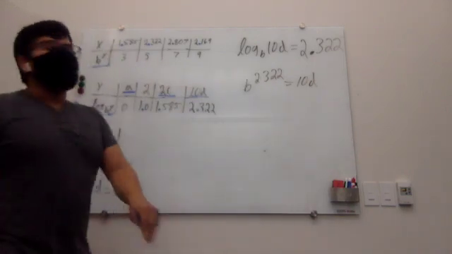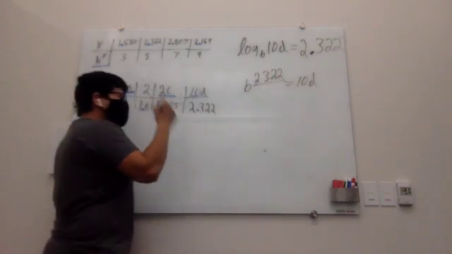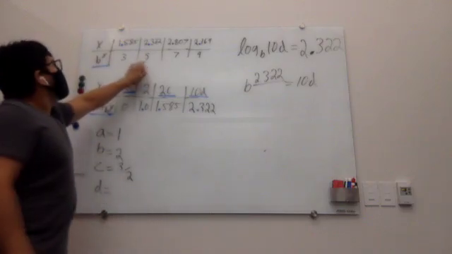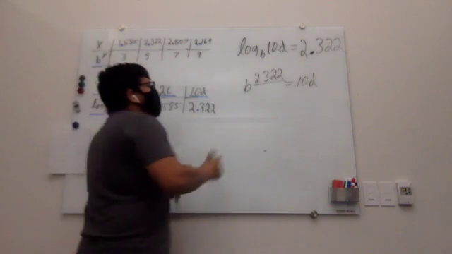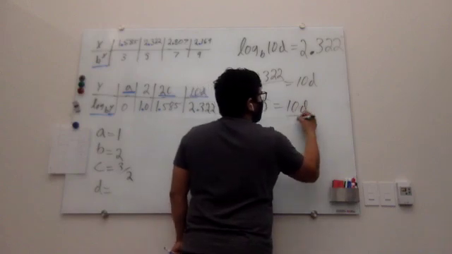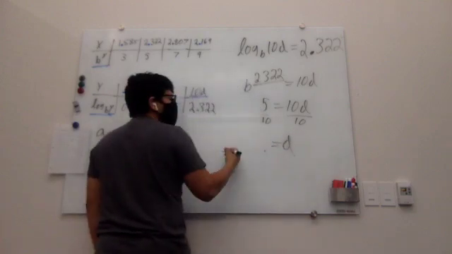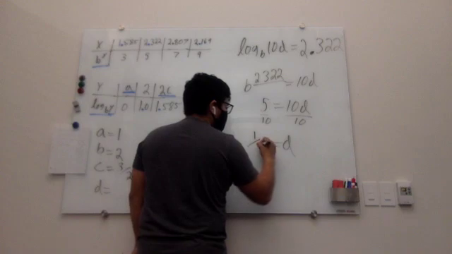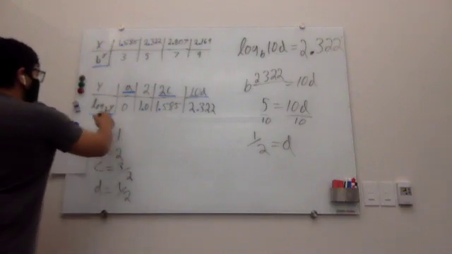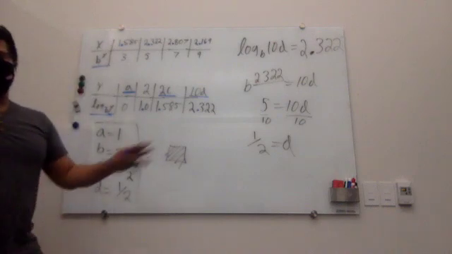I ain't even stressing about this no more, because we know what b to the 2.322 power is. We'll look at our table right here. B to the 2.322 power is equal to 5, which means 5 is equivalent to 10d. Divide both sides by 10 here, and we get d is equal to 5/10. Simplified down, 1/2. Box it, check it, square it. We're done, y'all. We got it.